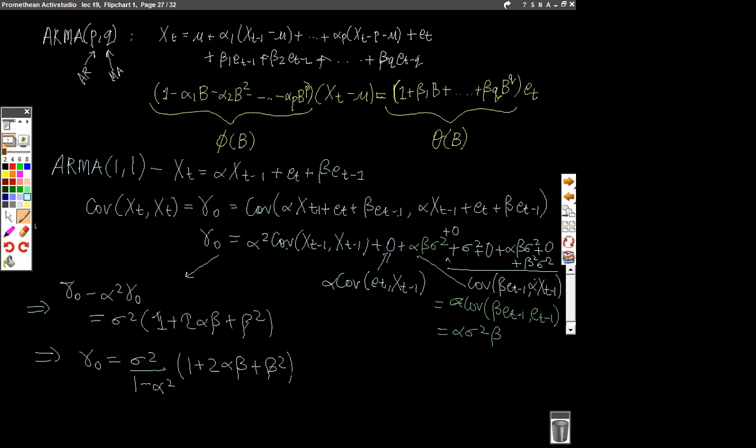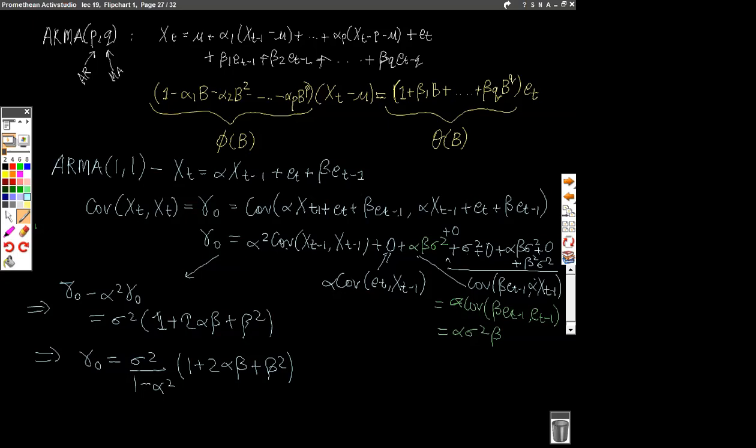Does this make sense to everyone? Any doubts with this? So you could have also used the covariance plus the variance one, but I have just resorted to multiplying this with that again and again till the end. So yeah, this is the answer that you have for gamma 0. Now let us try to see what happens with gamma 1.